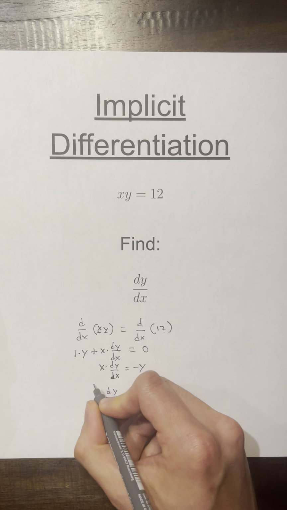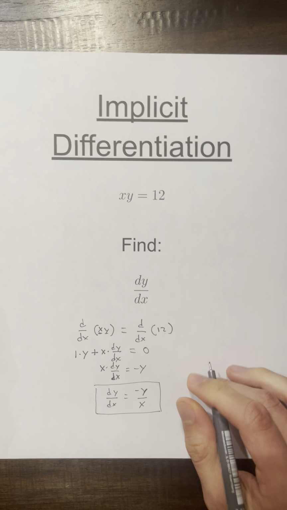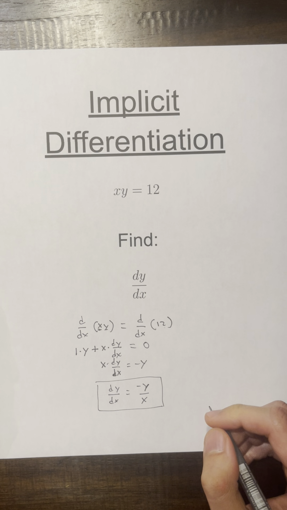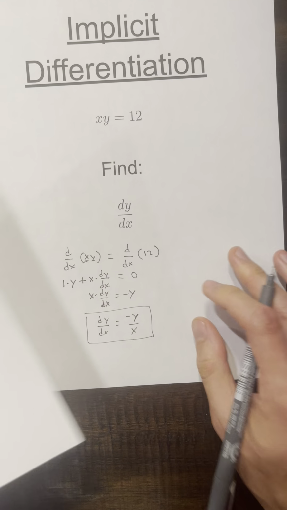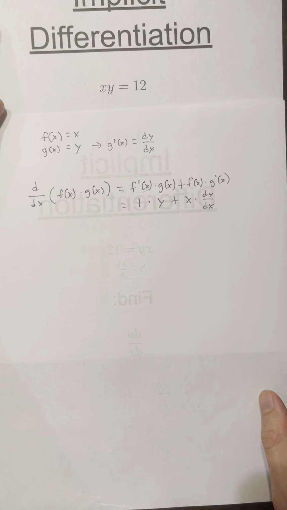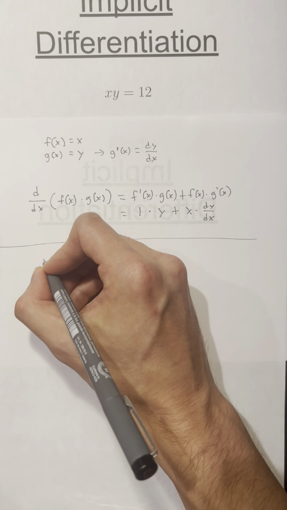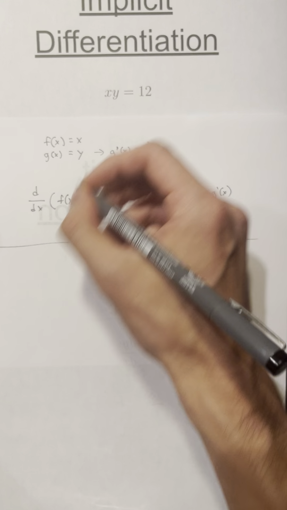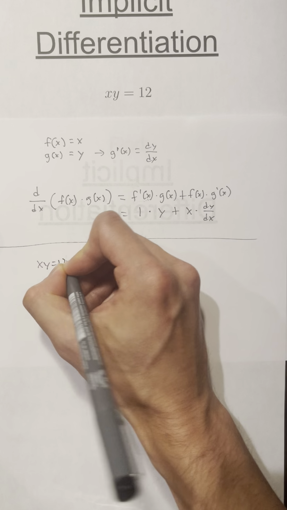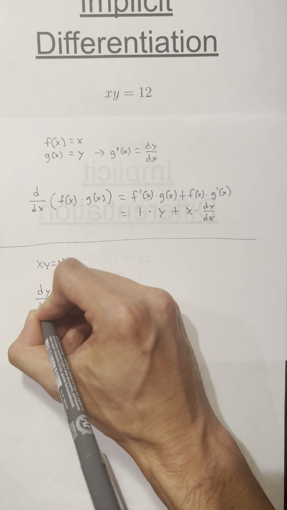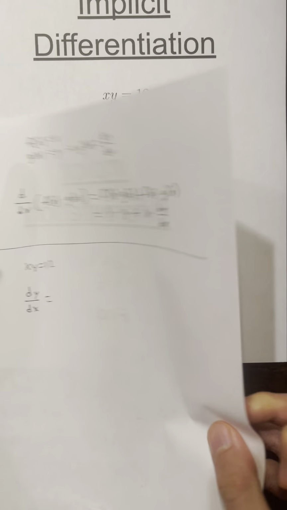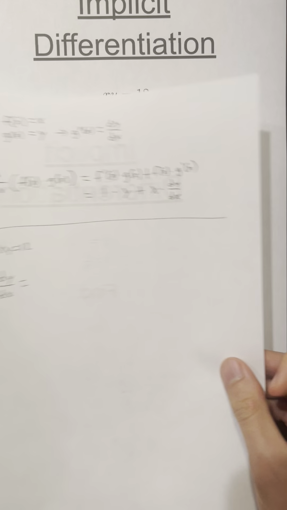Okay, so most teachers would accept this, but actually we can go one step further here. I'm gonna get this sheet of paper out again. Okay, so we'll write down, xy equals 12, and then we figured out that dy/dx was equal to negative y over x.